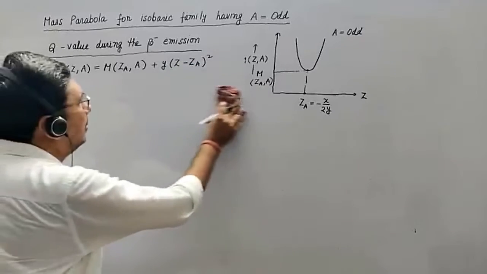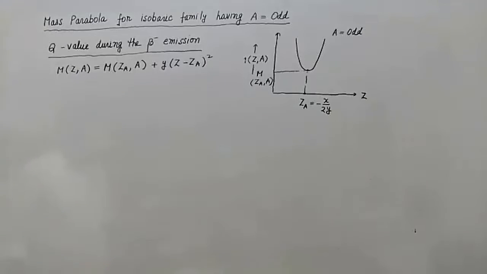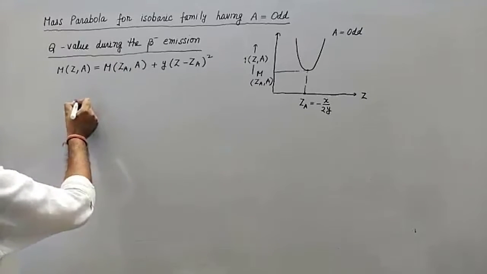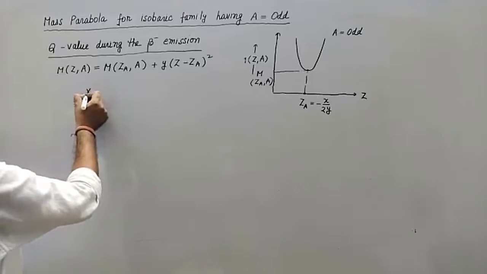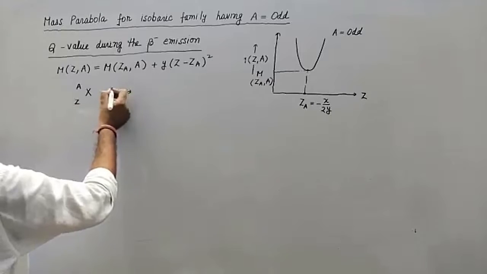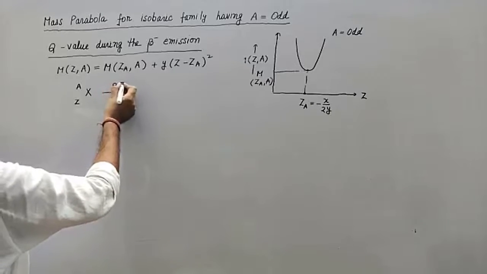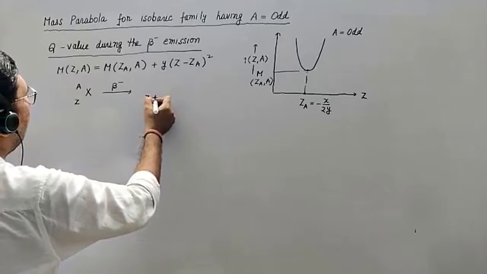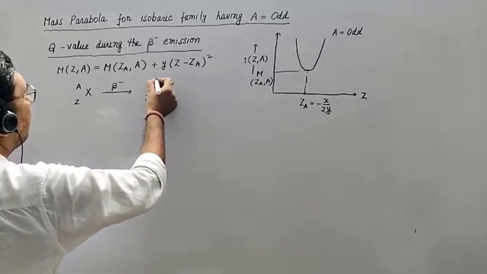So we are going to use this. Suppose the beta minus emission process is ZXA. This is the unstable nuclei. This is emitting a beta minus particle, and it is converting into Z plus 1 XA.